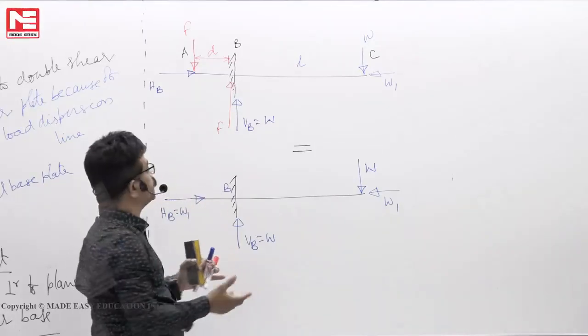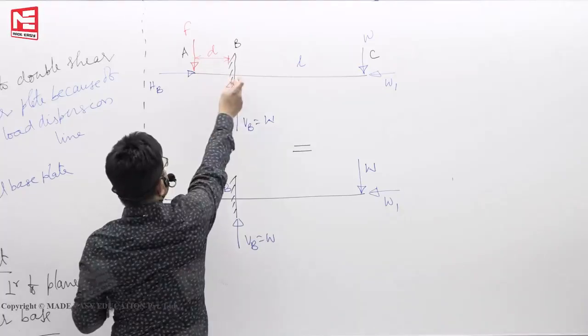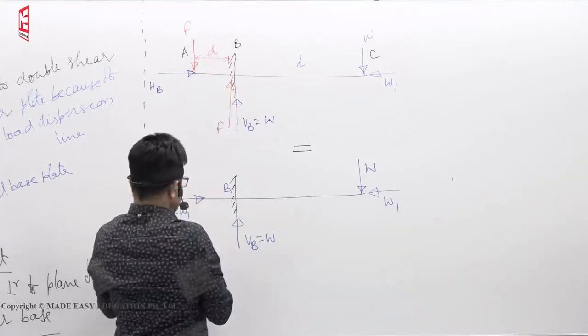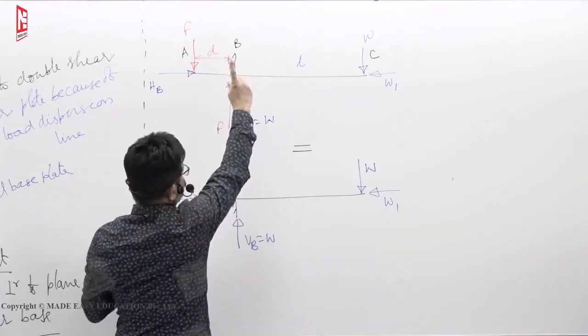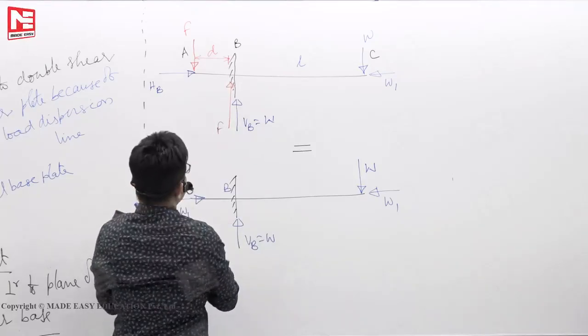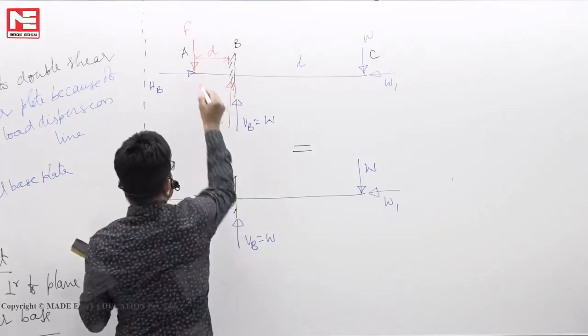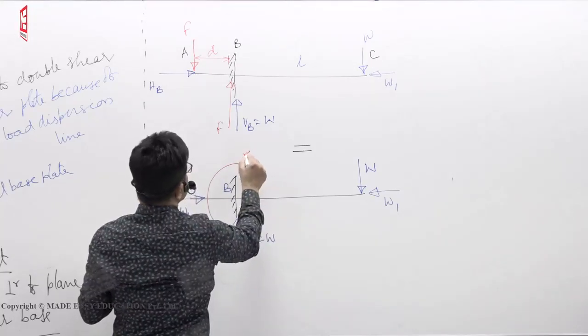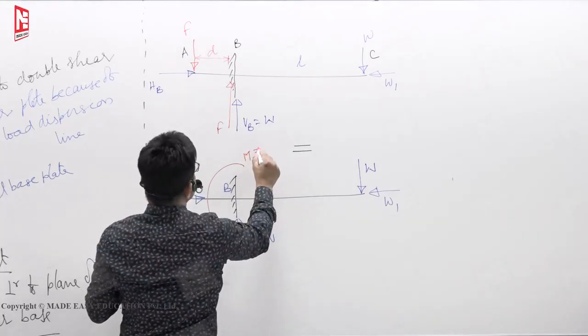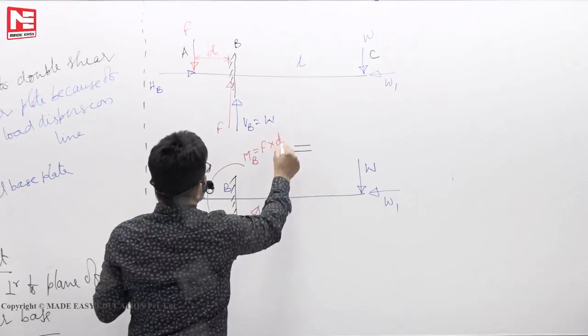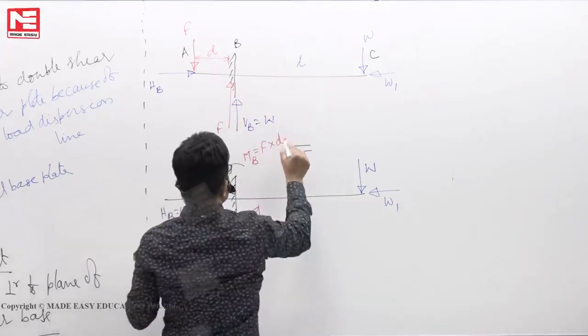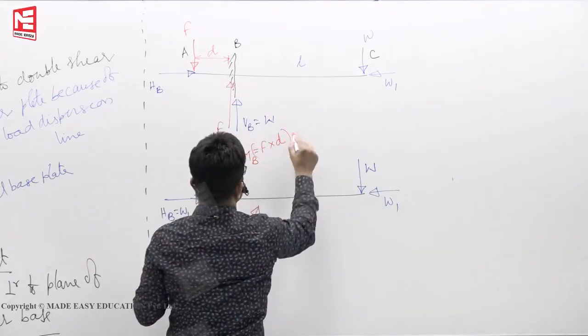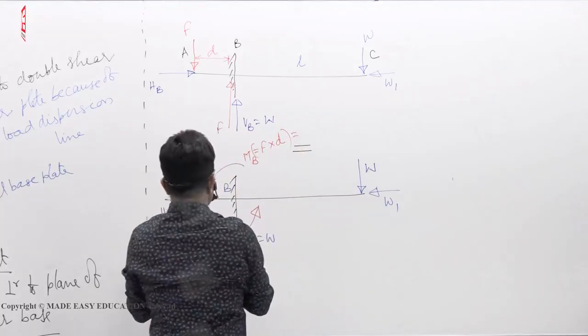So somewhere it was acting here, and we have taken finally the resultant force down, resultant force up, perpendicular distance d. Now this couple you replace by an anti-clockwise moment like this. MB is nothing but actually F into D, but F into D is also equal to W into L.